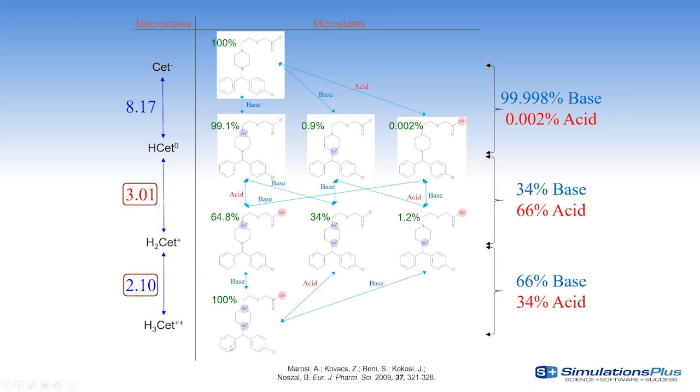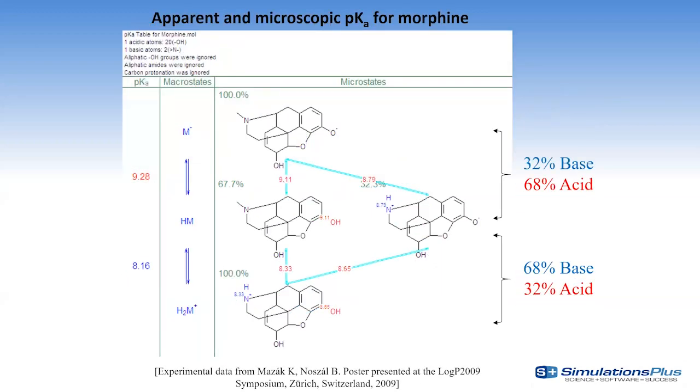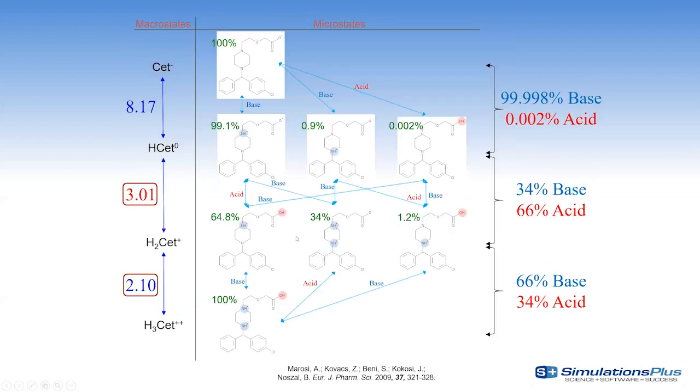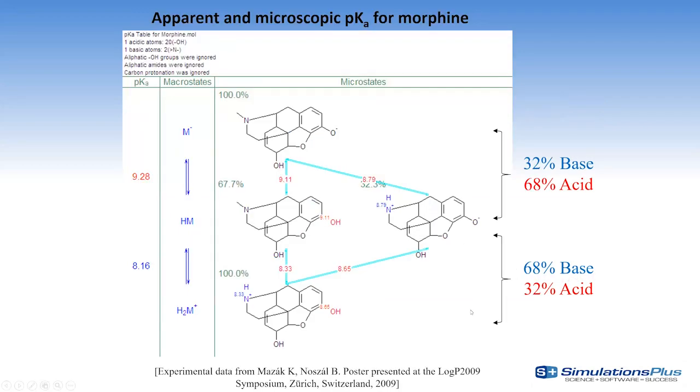It reverses for the last transition. So again, this is not predicted. It all has been measured. Also measured from a poster. I stole the data from a poster at the LogP Symposium in 2009.